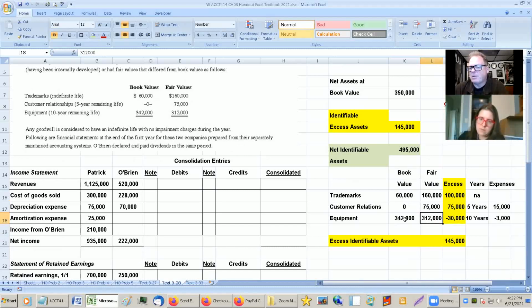Now remember that they're probably already depreciating 32,400. Whereas we should be depreciating 31,200, right? If we were to dissolve this thing, those would come out to be the same.